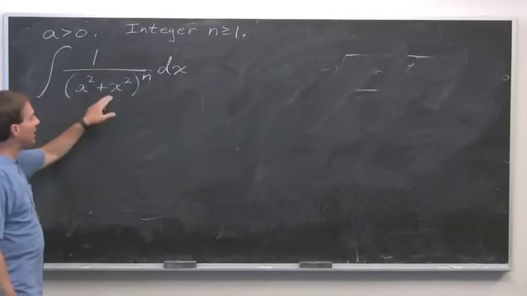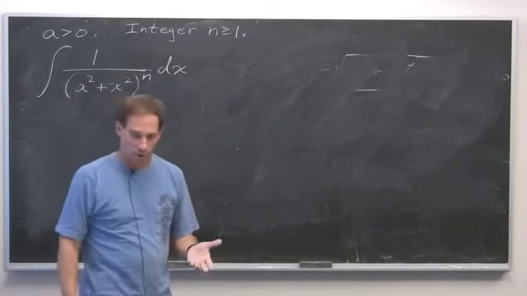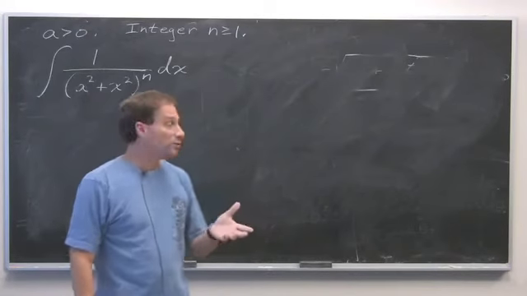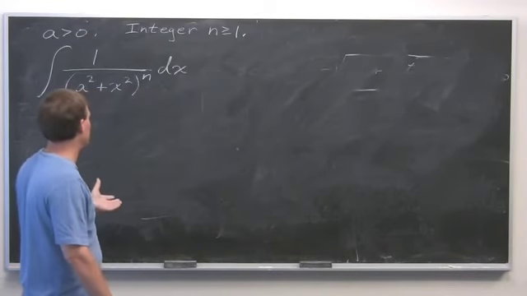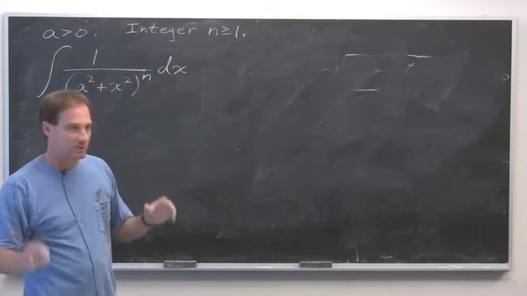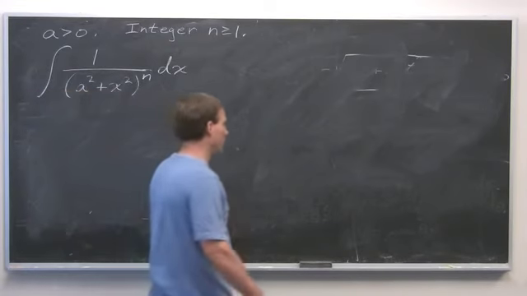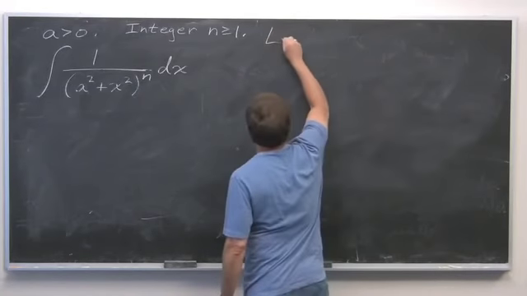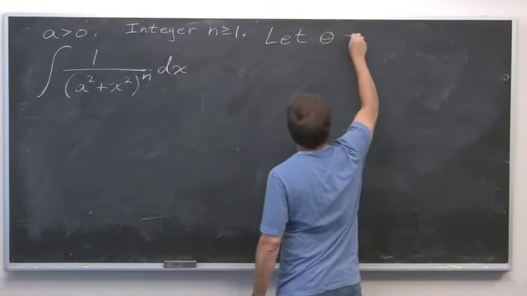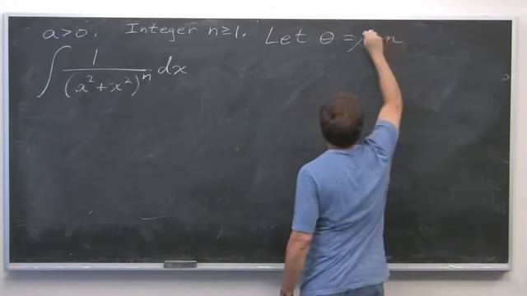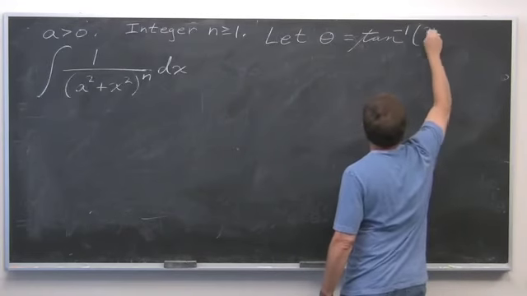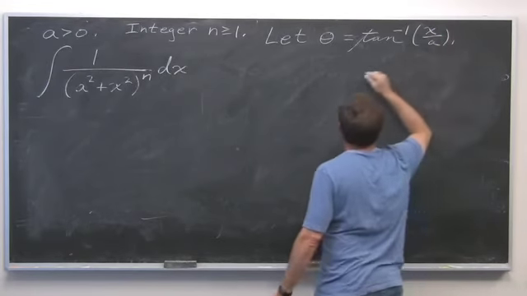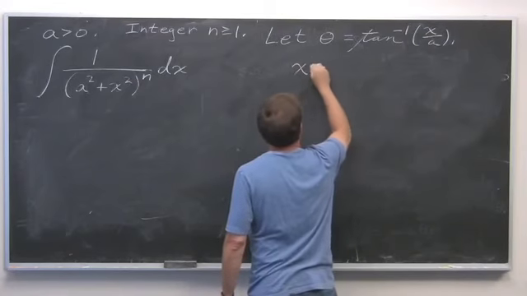Okay, you've got an a squared plus x squared. So after our last problem, you should suspect that you want to make the substitution x equals a tan theta. But really, you let theta equal the inverse tangent of x over a. This tells us more than that x is a tan theta.